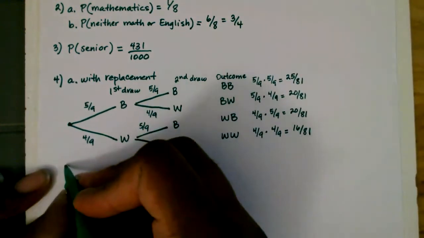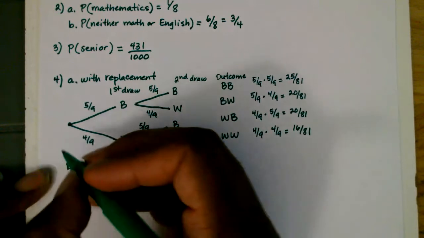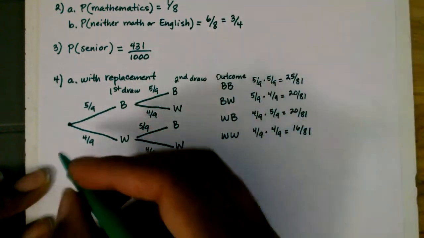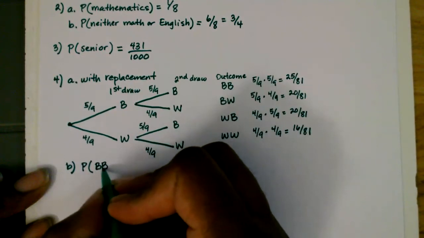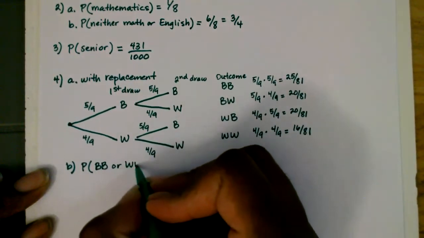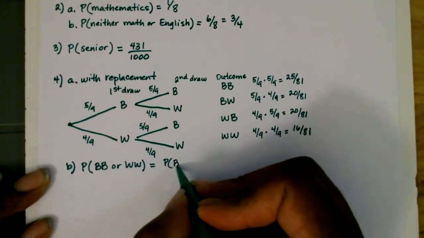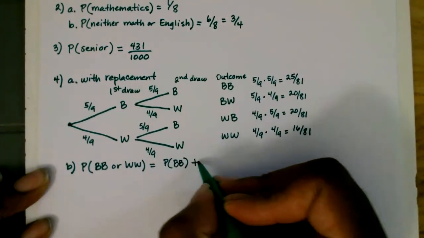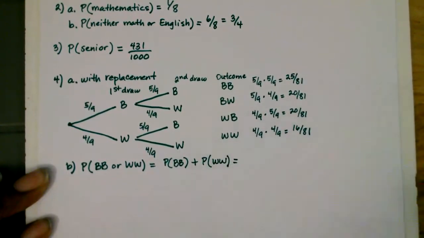Now let's look at part B, to find the probability of the event that the two balls are of the same color. So that means the probability of selecting 2 black balls or 2 white balls. That's going to be the probability of selecting 2 black balls plus the probability of selecting 2 white balls.